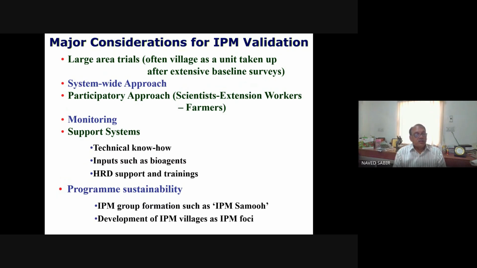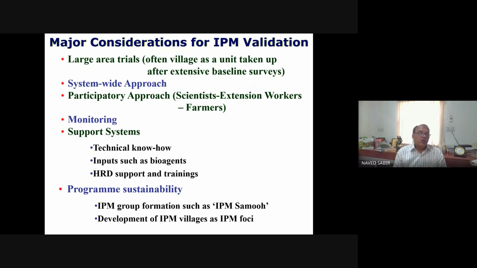and the support systems of the technical know-how, the inputs, the trained personnel, the scientific institution, the Krishi Vigyan Kendra. It is not that the entire knowledge is with you. So you have to take support systems for technicalities, for inputs, and for human resources.